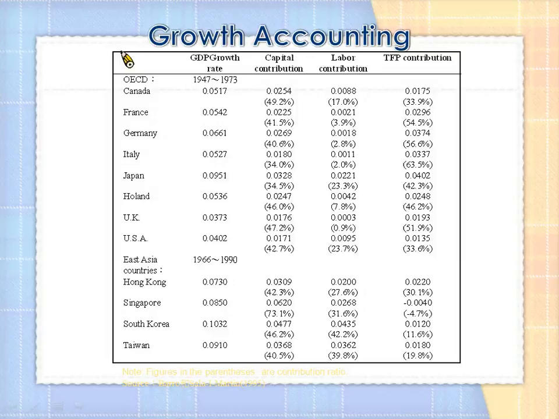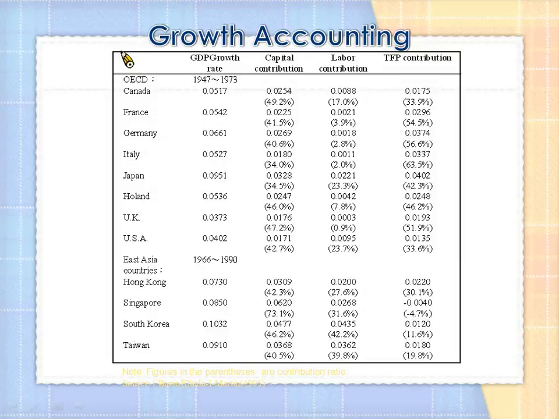Okay, and so you can see that most of the advanced countries' economic growth is mainly from what? From technological change, which is due to productivity growth. We can also look at the East Asian countries from the 1960s to 1990s. This is also a rapid growth period for the four Asian tigers: Hong Kong, Singapore, South Korea, and Taiwan.